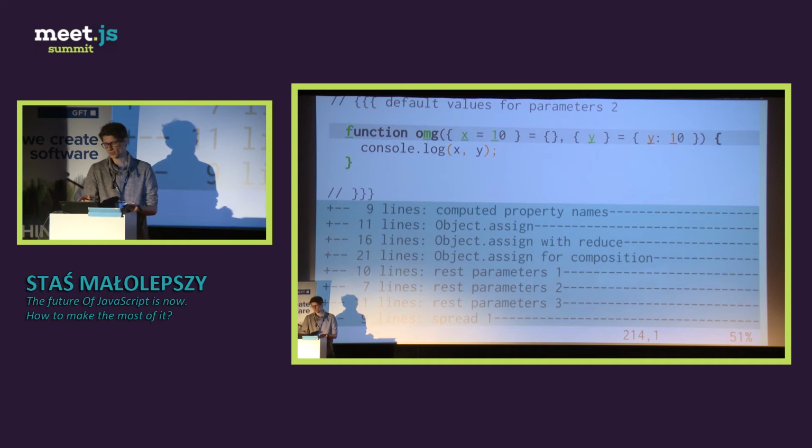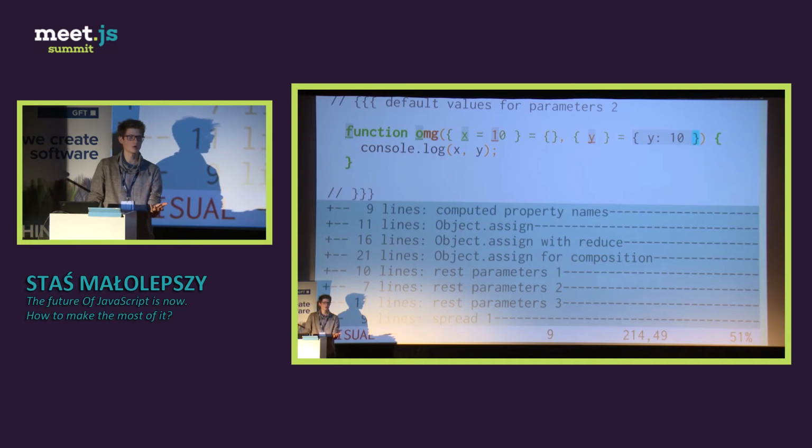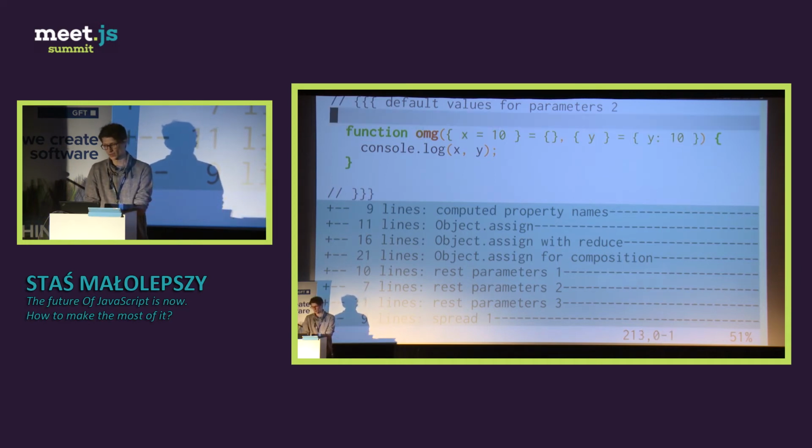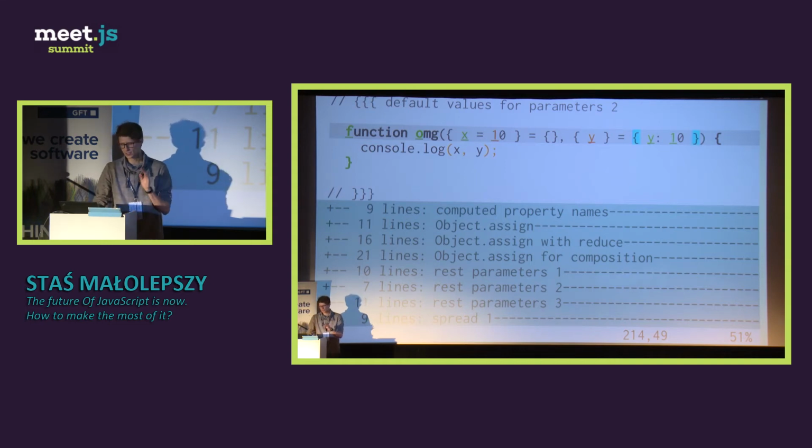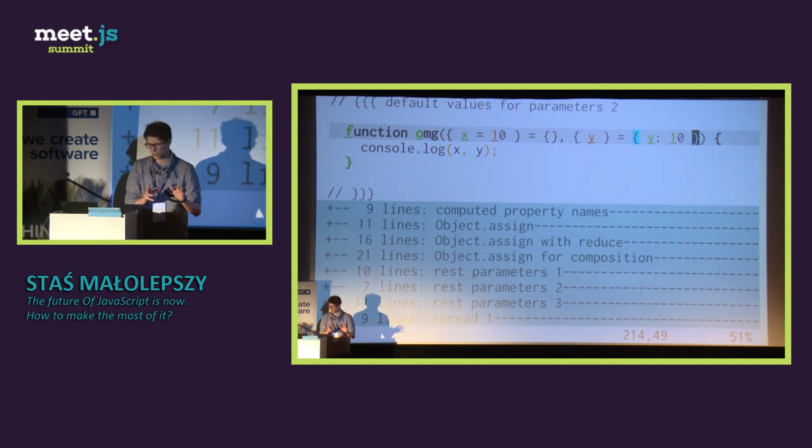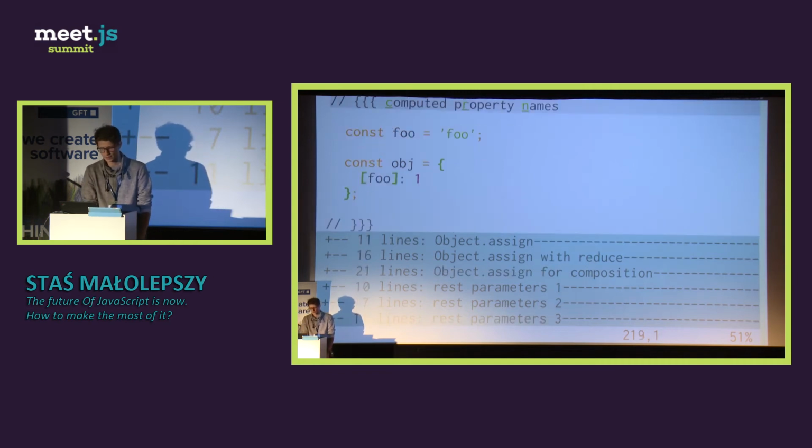In the second case, if you pass an object and it doesn't have y, the y will be undefined. And that's because y will be 10 only if you don't pass the second argument. So this part here is about what happens if there is no second argument, and not what happens when there is no y property in the second argument. So again, this is just a friendly warning, can be kind of weird, pay attention to it.